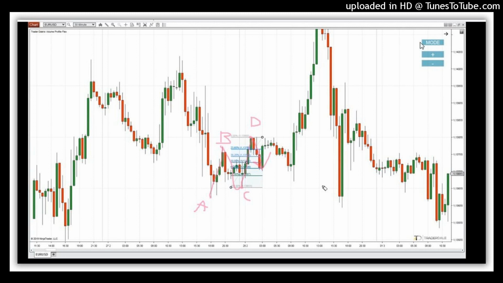Now in this case there seems to be nice ABCD setup, but there is a macro news. This candle is a macro candle and you don't want to be trading when there is macro news. So unfortunately this time it would be invalid, but let me show you. So you see the setup.